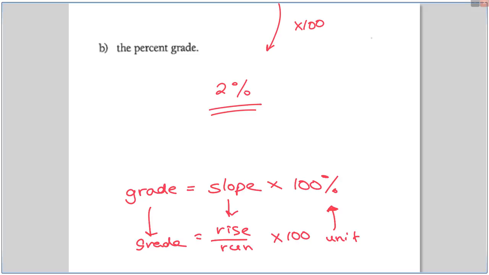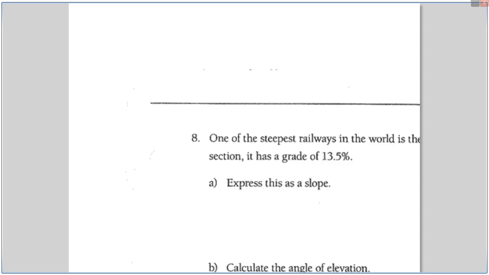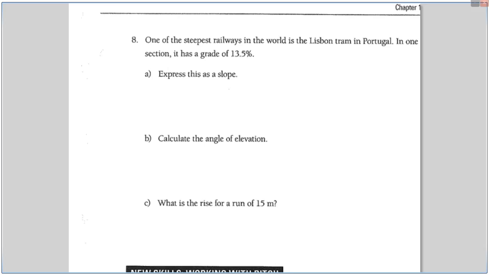All right, now we're off to number 8. Did you need that page still?